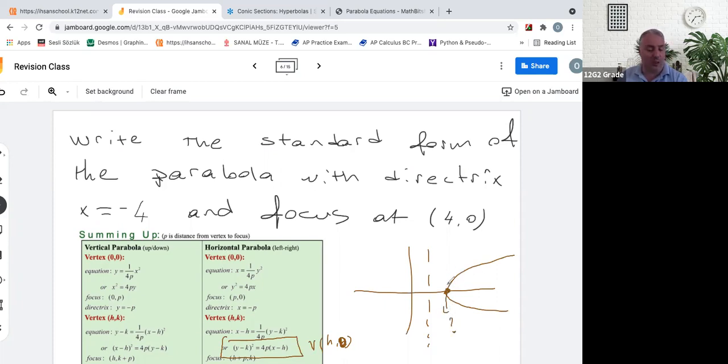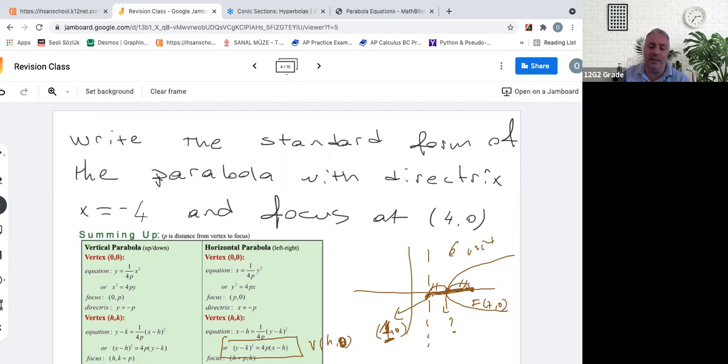So I just should find what h is. How can I find it? Don't forget this: if the focus is given and the directrix is given, this distance and this distance are equal to each other. For example, if this is 7, 0 and this is 1, 0, from 1 to 7 the distance is 6 units.